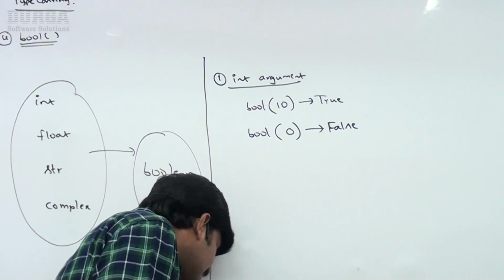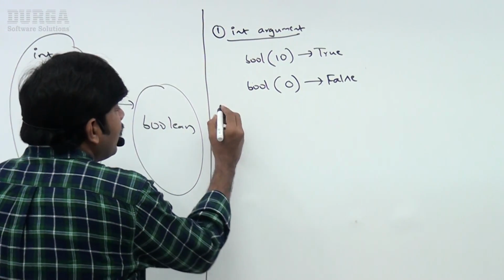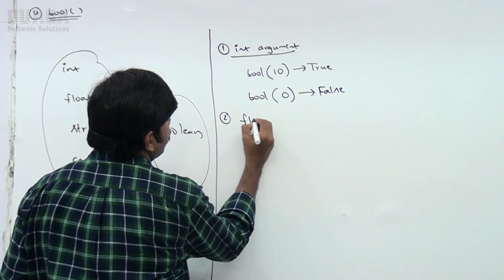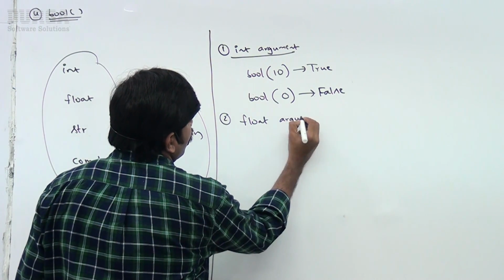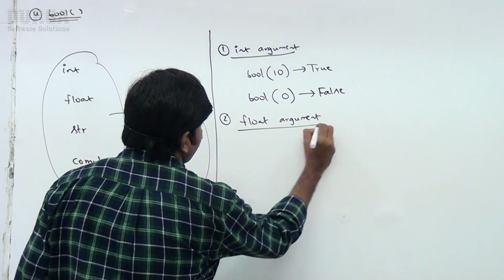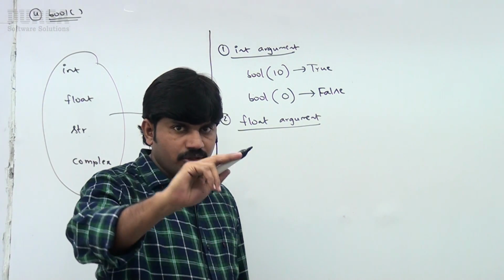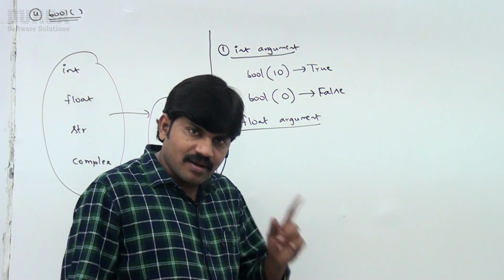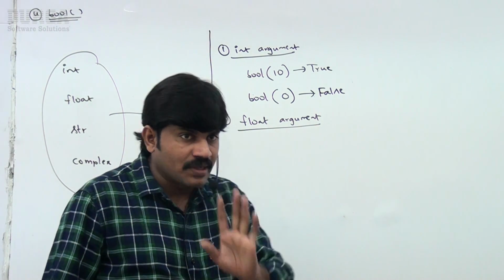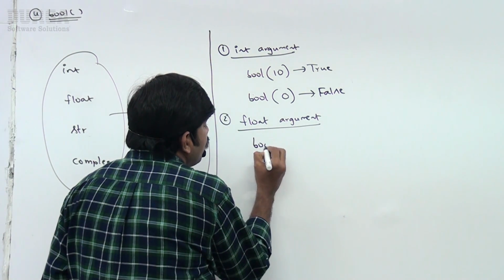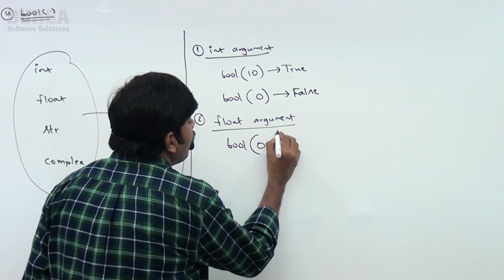Well, sir, in the same way, if I pass a float argument, the rule is always the same. If the float value is 0, it is treated as false, non-zero is treated as true. I'm taking bool of 0.0.